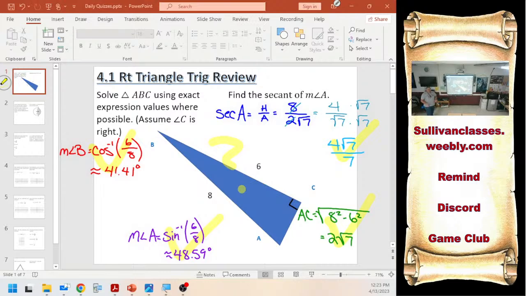Because, do you see now why we wanted that side to be 2√7, not 5 point blah, blah, blah? Because you had to go find the secant, and I can't find a secant with a reasonable accurate value if I have a decimal over here. So that number would go on forever. Yeah, it's an irrational number.